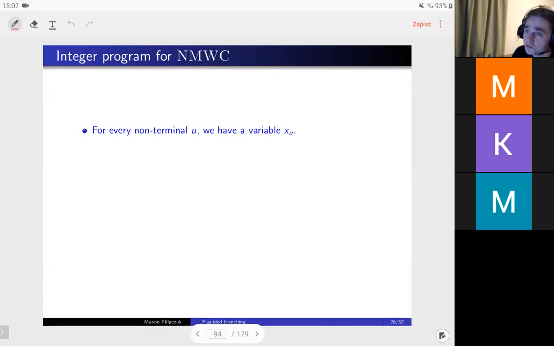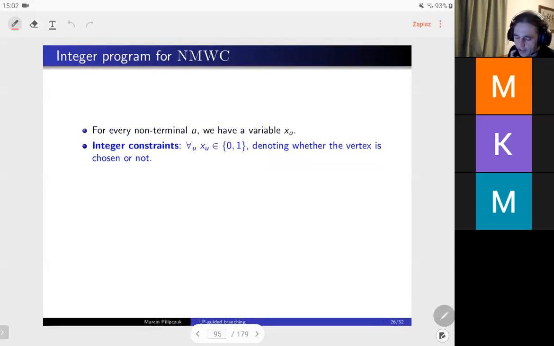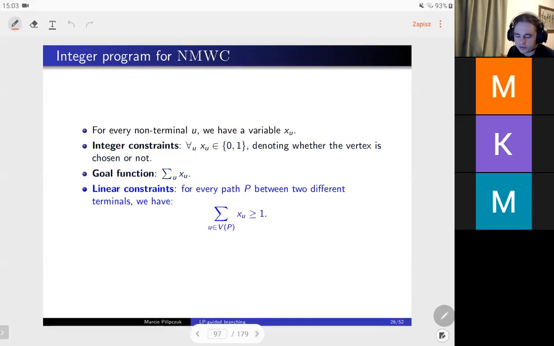Just to recall quickly what we did a few slides ago: if you want to write node multiway cut as an integer program, you have a variable for every vertex, whether you take it or not. You want to take as few vertices as possible, and you want to separate all the terminals.